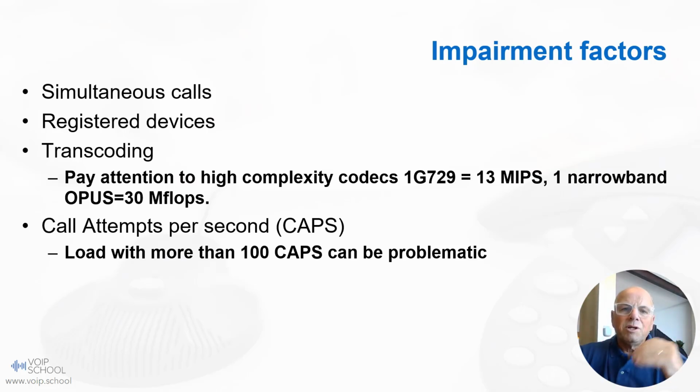Thirdly, the transcoding process, especially for high complexity codecs such as G729 and Opus, requires 13 MIPS or 30 megaflops, respectively. Finally, the call attempts per second, or CAPS, metric, where a load of more than 100 CAPS can cause performance issues for the PBX system. Proper sizing and configuration is crucial to avoid impairment from these factors.